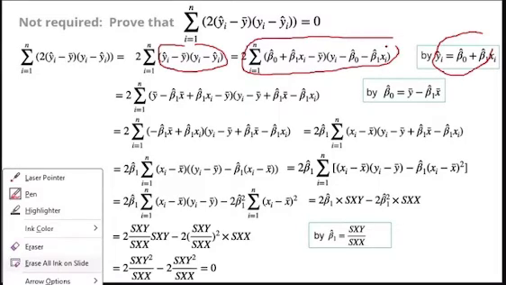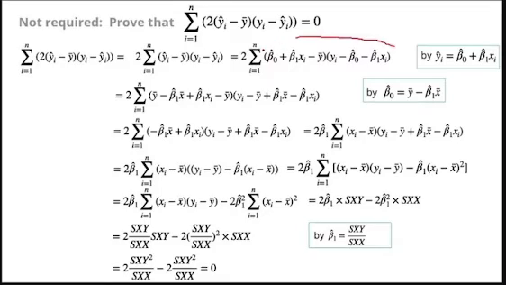So what I want to do right now, I'm here now, right? If you take a look at inside here, I have the beta naught cap, this one minus Y bar.